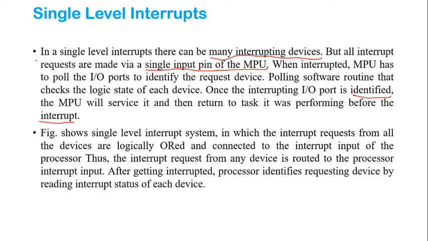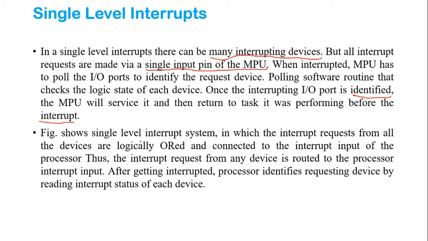So this is for the single interrupt pin. Remember this term: in a single interrupt pin system there are many interrupting devices, but all the interrupt requests are made via a single input pin to the MPU.